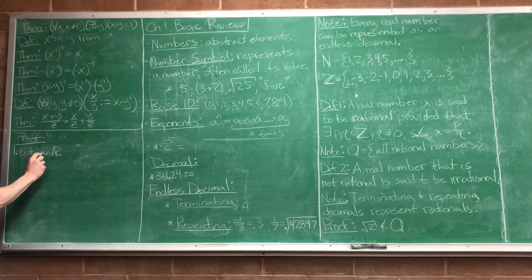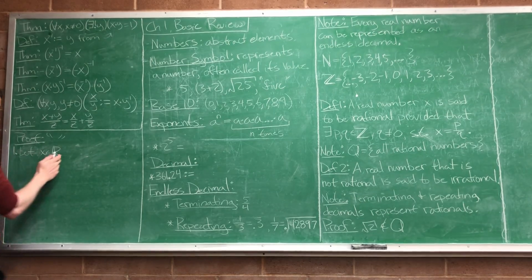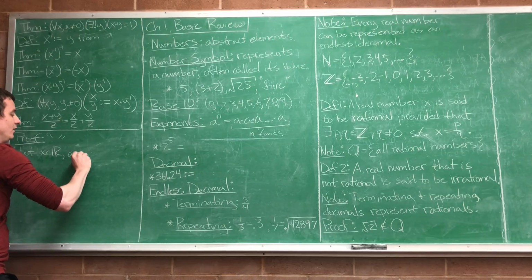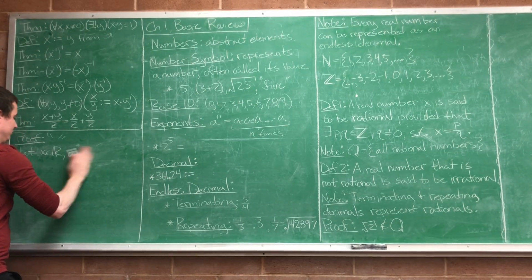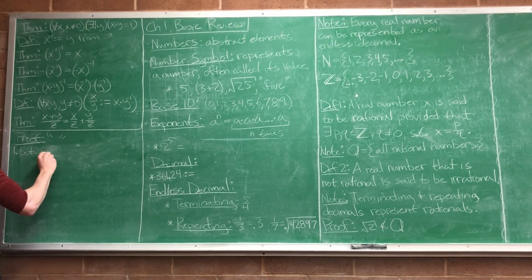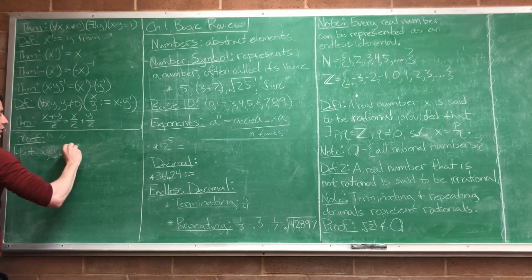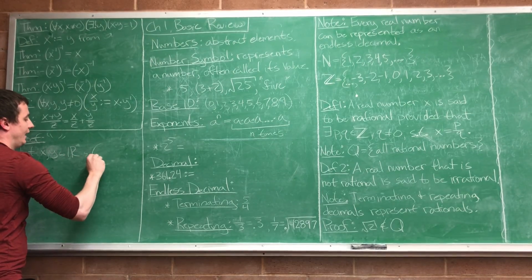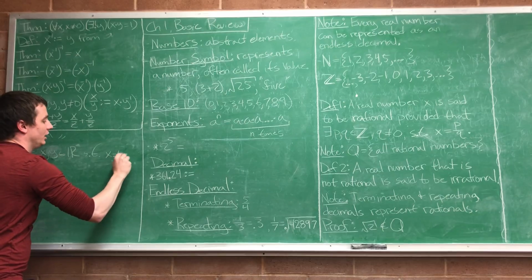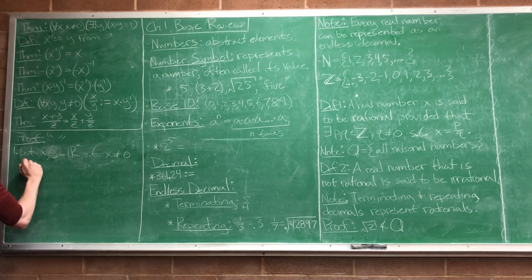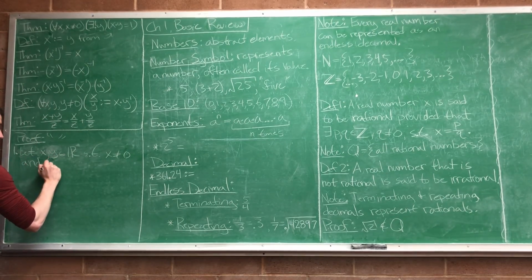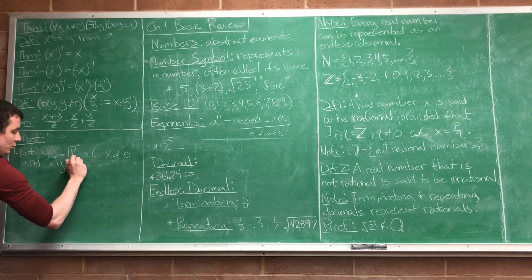Okay, so let x in R means let x be any real number. Let x and y be real numbers, so let x, y in R such that x is not equal to 0 and x times y is equal to 1.